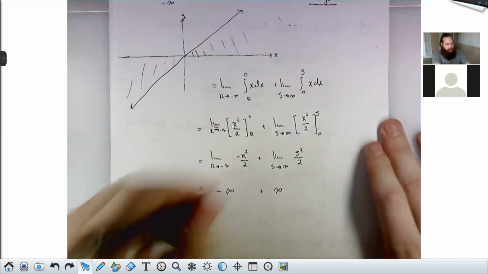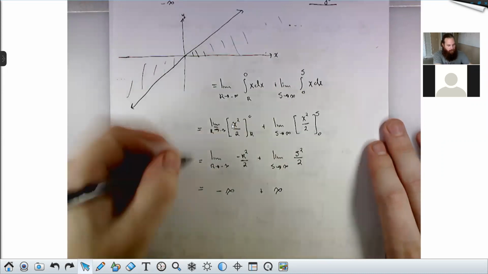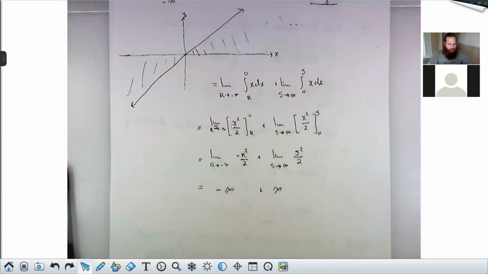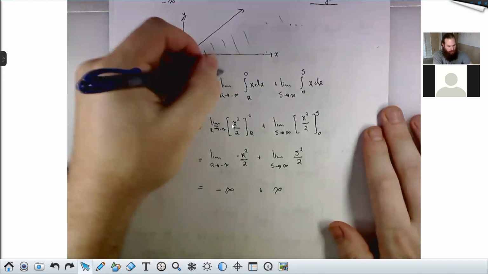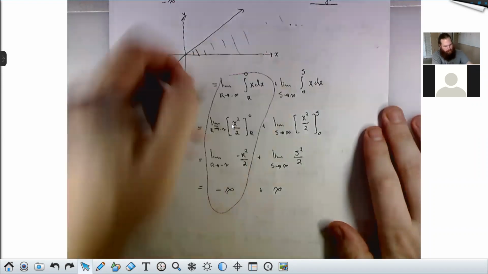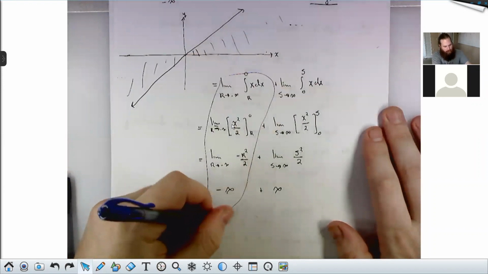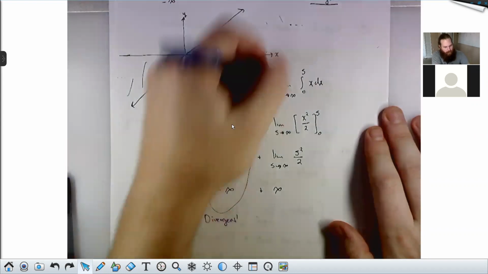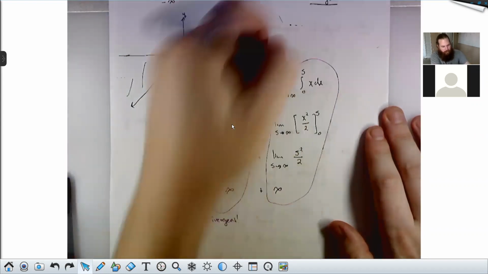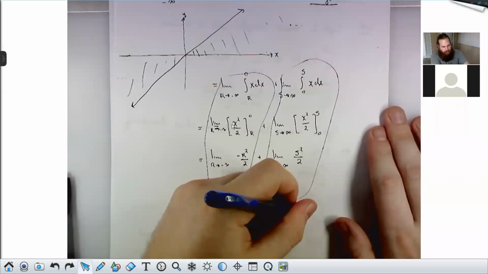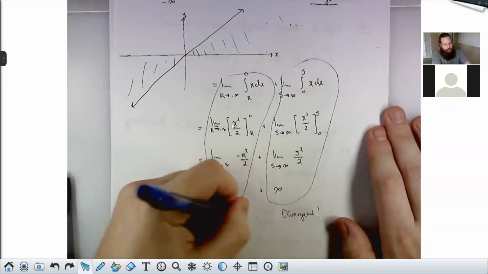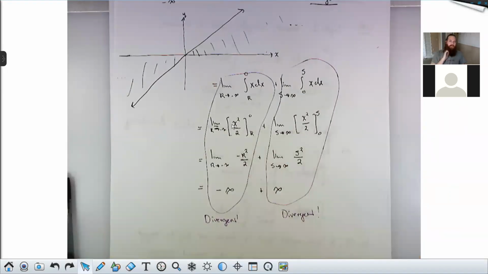So both of these diverge. Integral 1 diverges. And the integral 2 here also diverges. So each piece is undeniably a divergent integral.